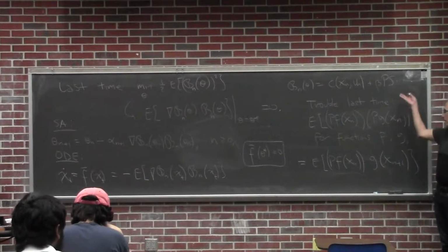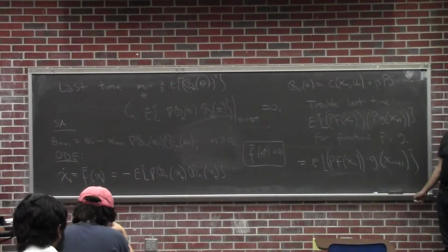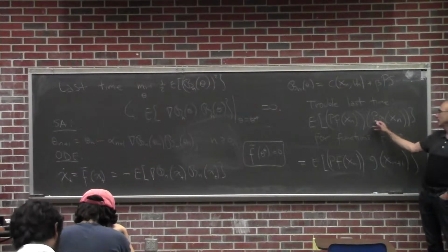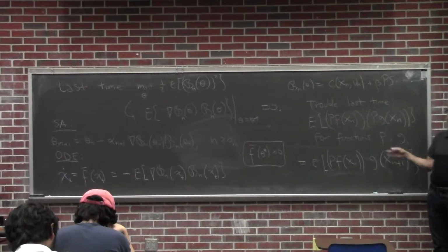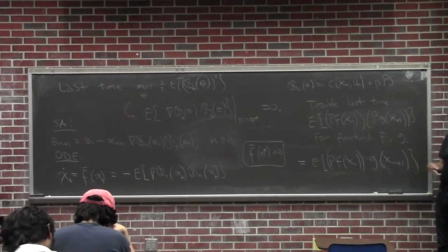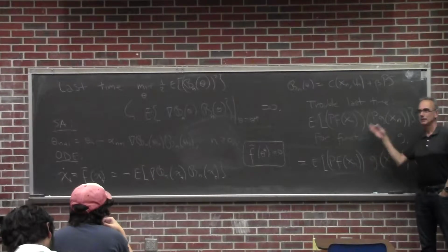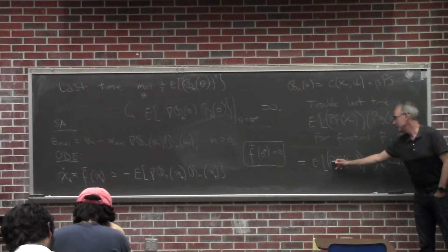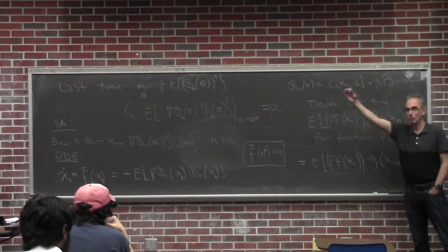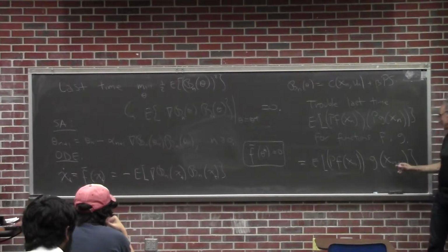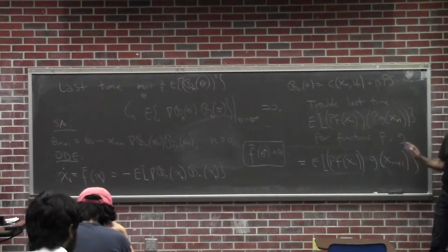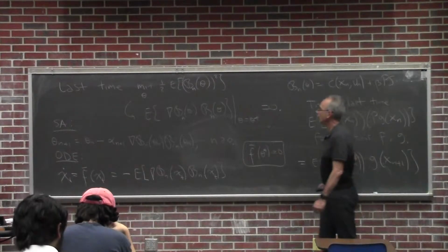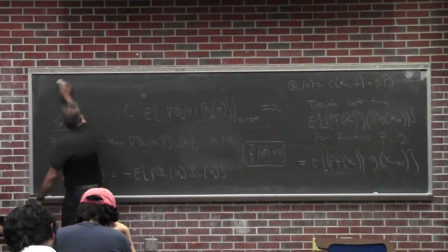But the basic mathematical issue is there. We were able to do that because that's the conditional expectation of g of xn plus 1 given the past, so these are the same. But now this is a conditional expectation of f of xn plus 1 given the past, that's in the future.